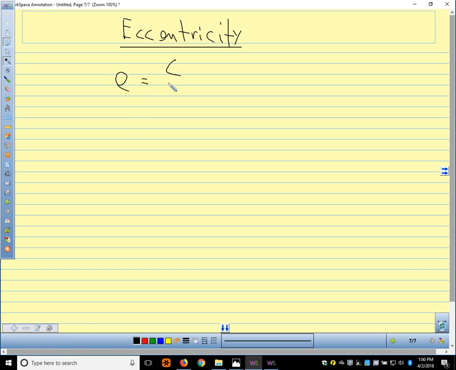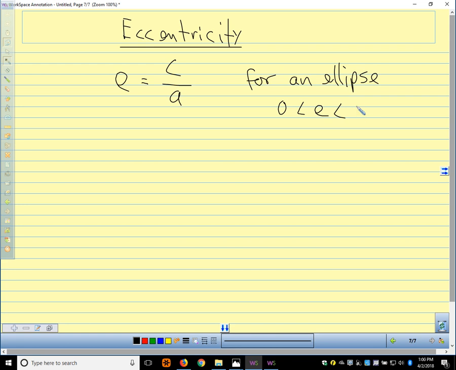Eccentricity is C over A. So it's a ratio. It talks about how close the foci and the vertices are to the center. For an ellipse, the eccentricity is going to be between 0 and 1.